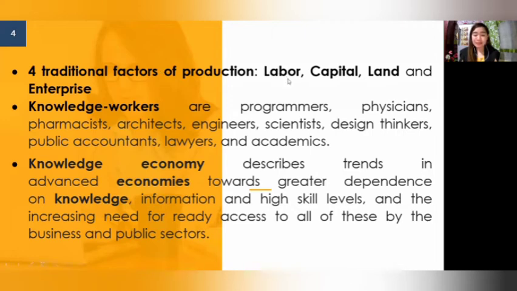Labor is the human skills and effort. Lastly is capital. Capital, on the other hand, is not money but equipment and materials, or simply goods used in the supply of products. So there, the traditional factors of production: labor, capital, land, and enterprise.